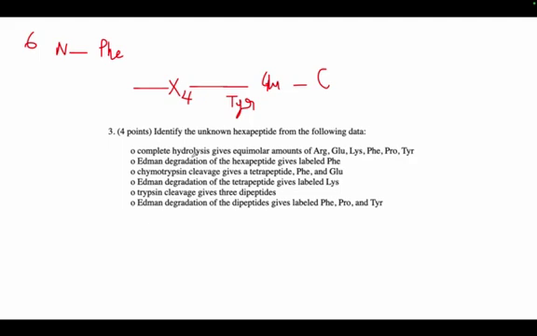So if we take this tetrapeptide, we know it ends with tyrosine, which means tyrosine is on the C-terminal end of the tetrapeptide. But when we perform Edman degradation, what we will get to know is the identity of the N-terminal residue, which is lysine.